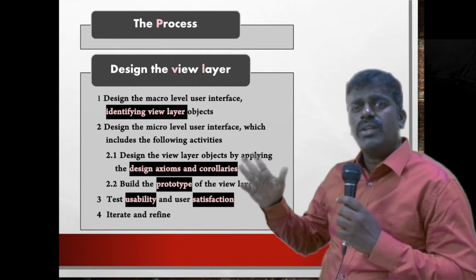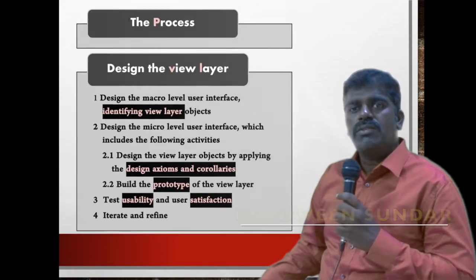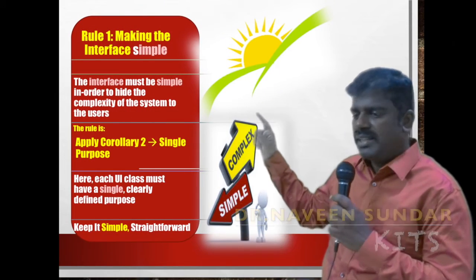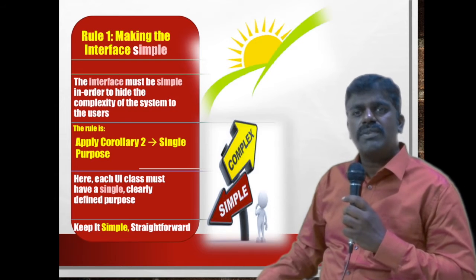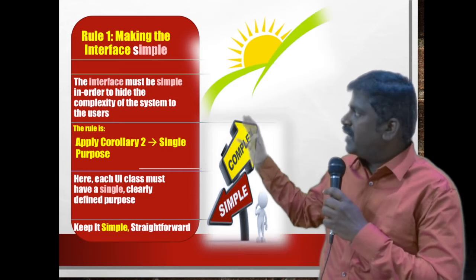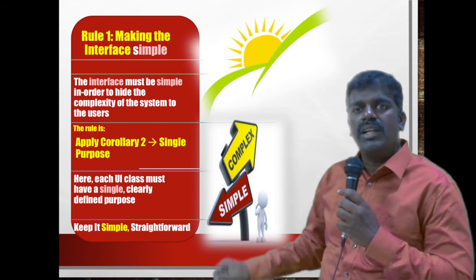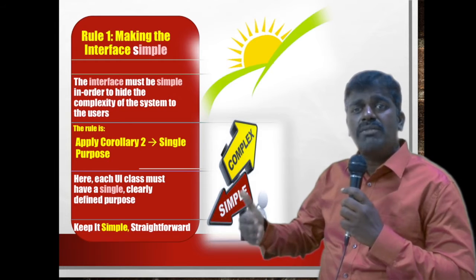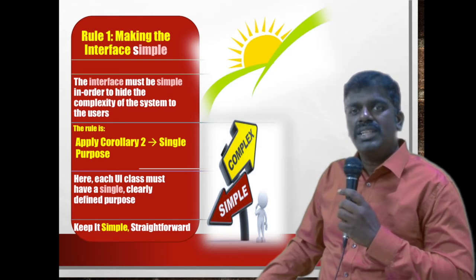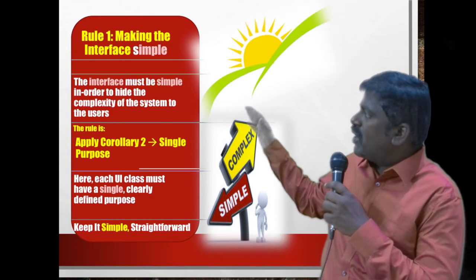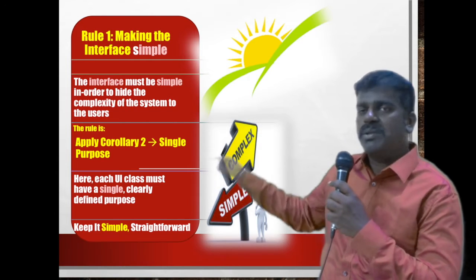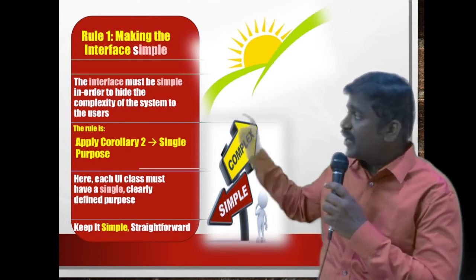Let us see what rules we have to frame for designing the micro level development process. The first rule is making the interface simple. Whenever we make an interface at the user level, we have to make it very simple, so that any user can use our system easily. The corollary we have to apply for it is single purpose, corollary 2.